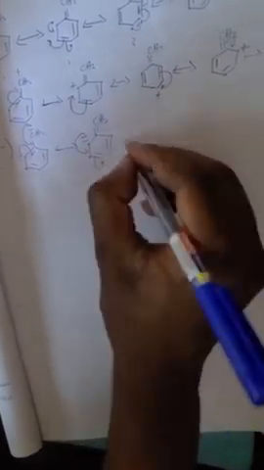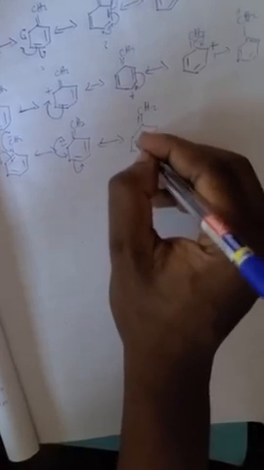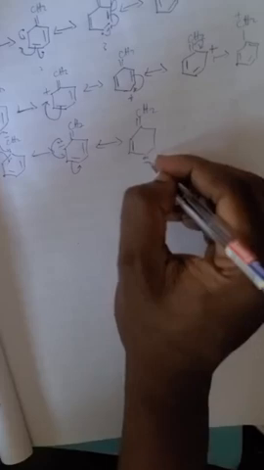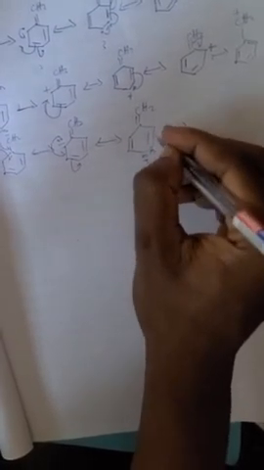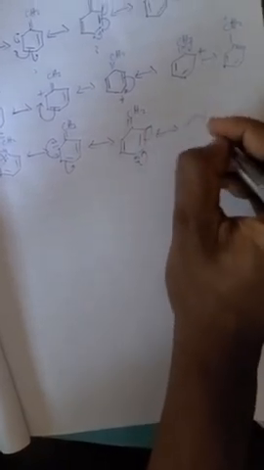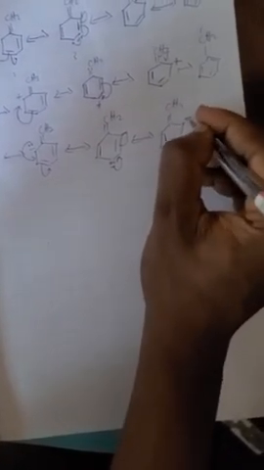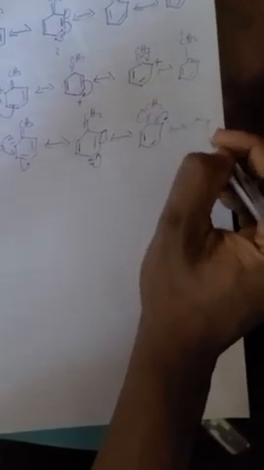Why this one will move? So this one can come here. Why this one will move here? So this one can come here. Why this one will move? So you have what you have started with back.